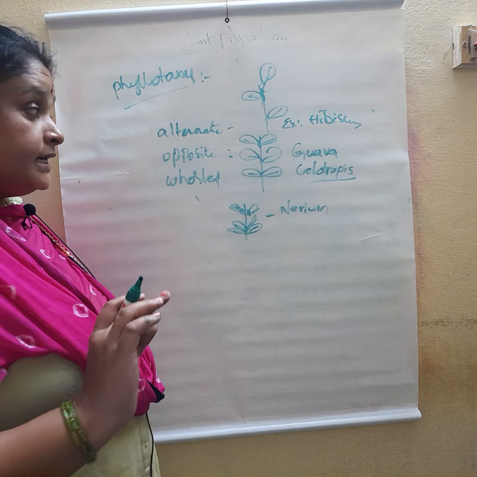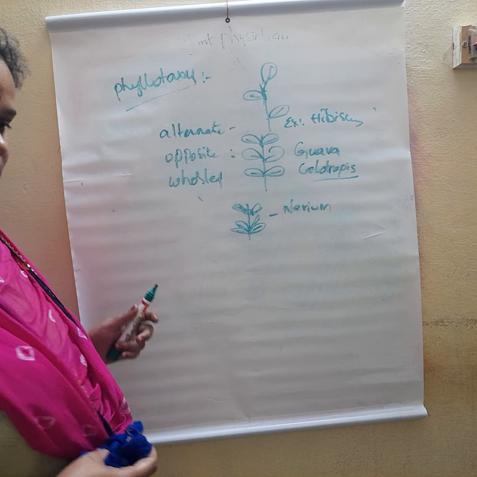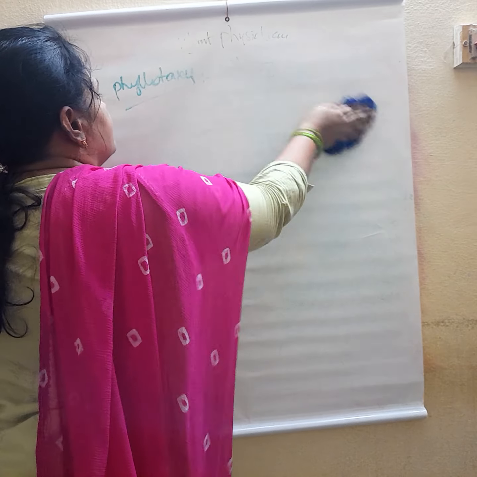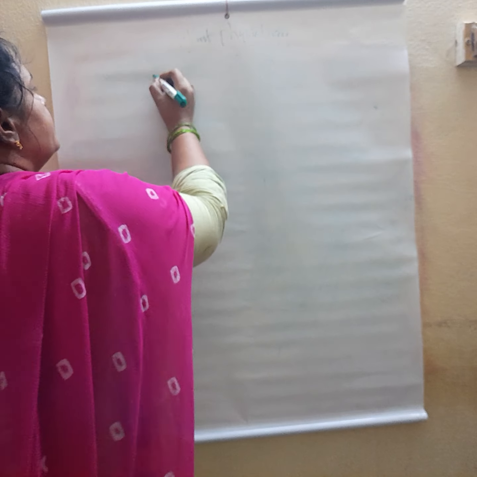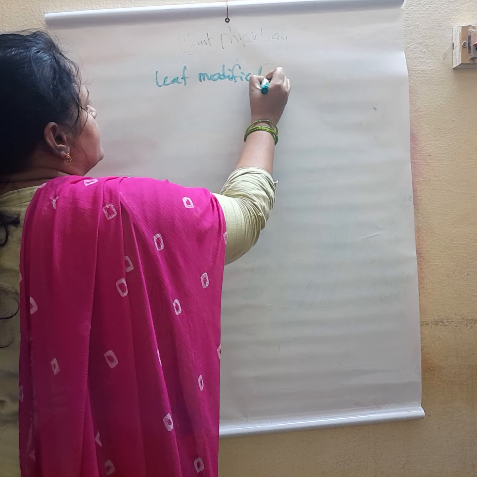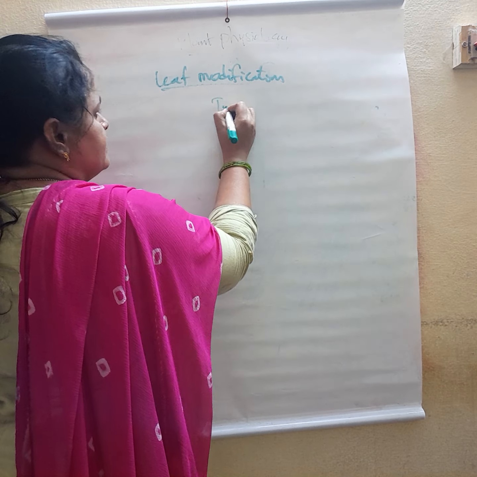The leaf's main function is performing photosynthesis and preparation of food material. Apart from this, if it is doing another function, what is that called? Modification, right? So we have to discuss leaf modifications also. Leaf modifications, for example tendril.